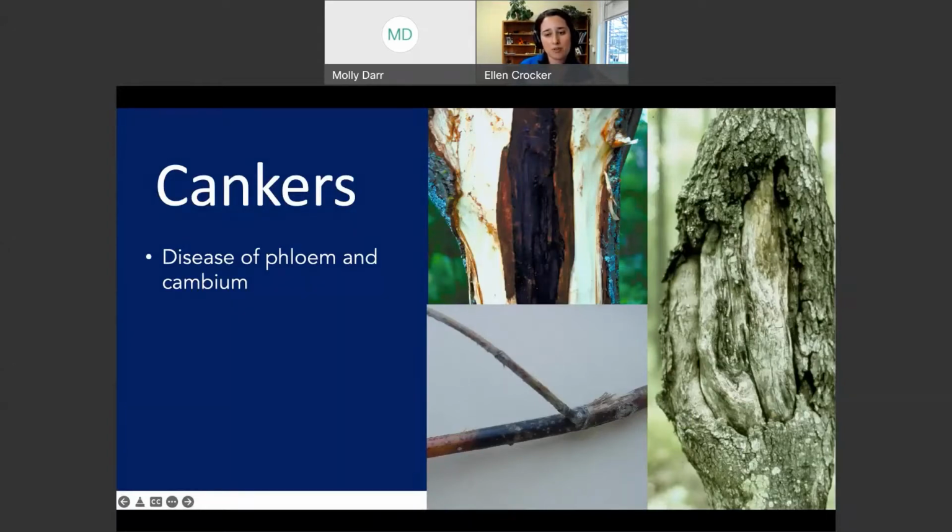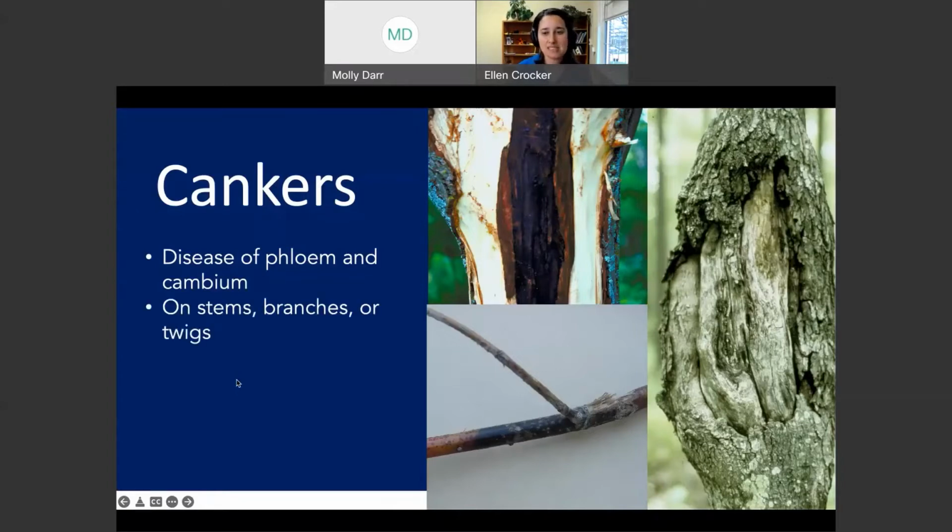That might progress over time. And here you have really different examples of what that might look like, from a Utapella canker on a maple, to a Botryosphaeria canker on an oak, to a butternut canker. And canker is just this general term. So you can have really different appearances and causes.